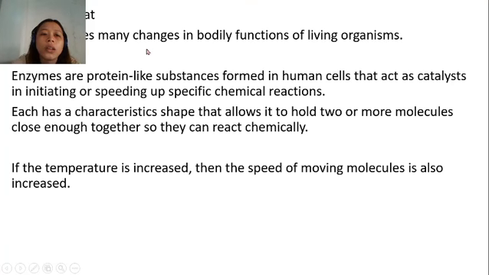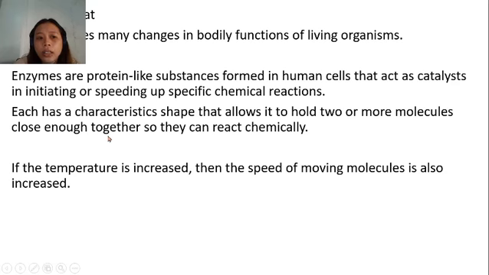6, heat causes many changes in bodily functions of living organisms. One example is the enzymes. Enzymes, as I have told you, are protein-like substances. When they are heated, it causes chemical changes. Enzymes are proteins formed in human cells that act as catalysts in initiating or speeding up specific chemical reactions.